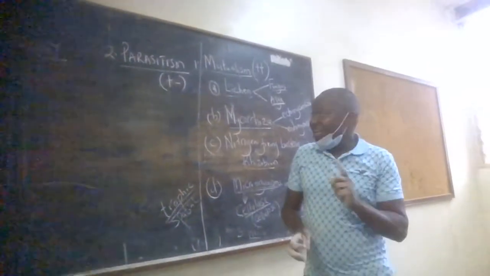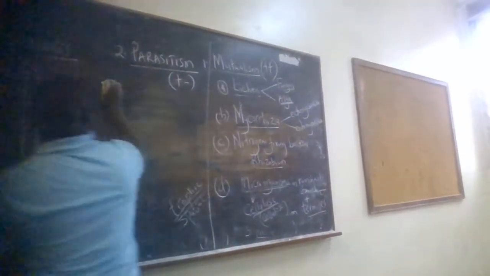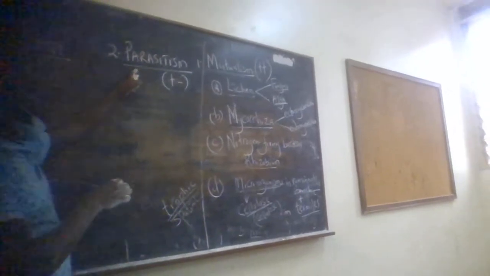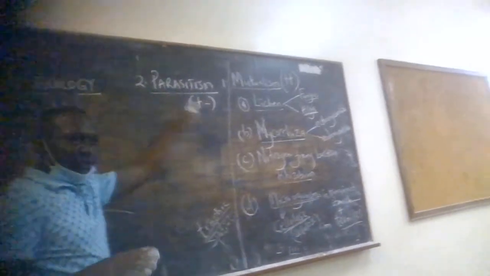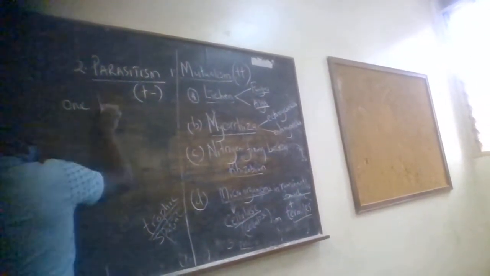Are we there? It is the symbiotic relationship, an interspecific association in which one organism does what? Benefits. And that one who benefits is known as what? While another organism loses, or we can say suffers harm.